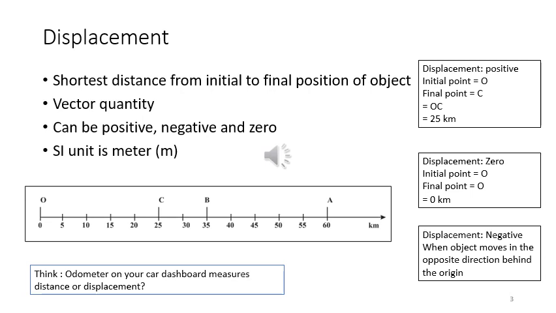If you look at the number line, you will see that the object has displaced by 25 kilometers. That is the difference between initial position and final position. Please note this displacement from O to C is positive 25 kilometers.